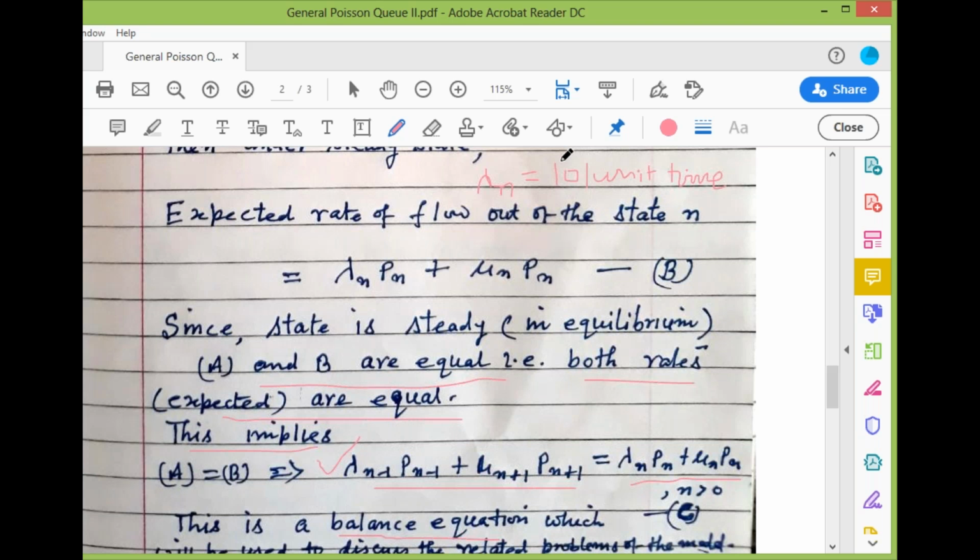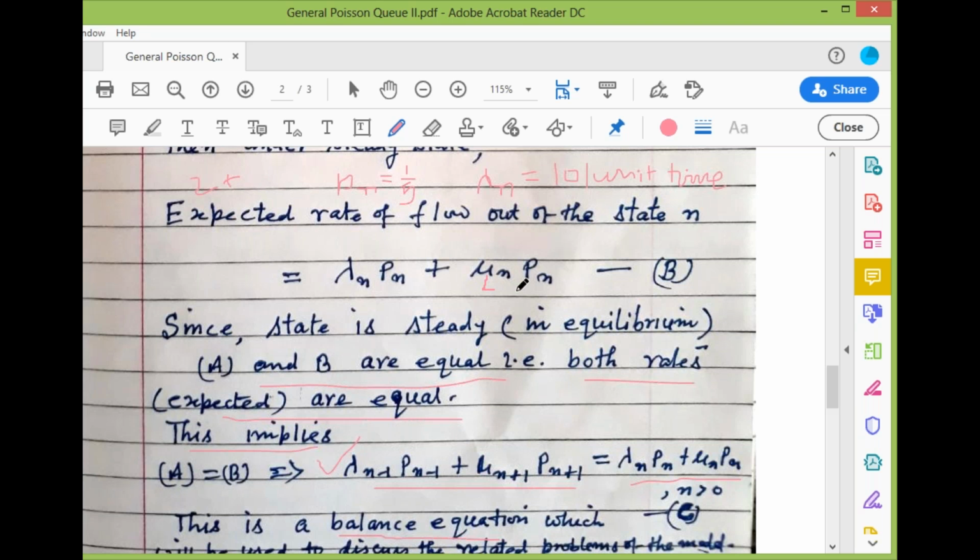Suppose this is lambda is 10 per unit time, and you say the Pn is, for example, I'm saying, you will get some exciting result, and Pn is 1 by 5. So if you multiply this, what you will get? You will get 2. Suppose this is only, and similarly you get another case.